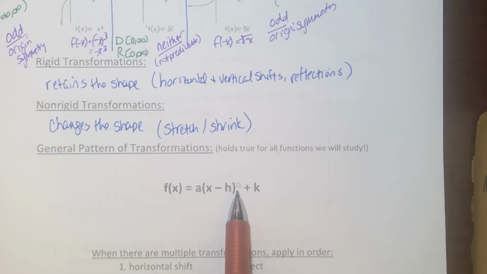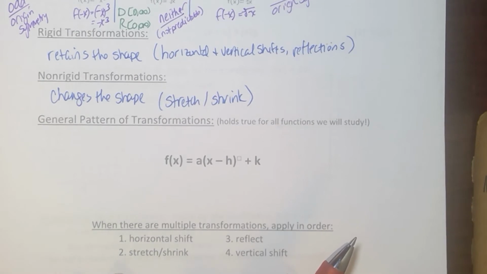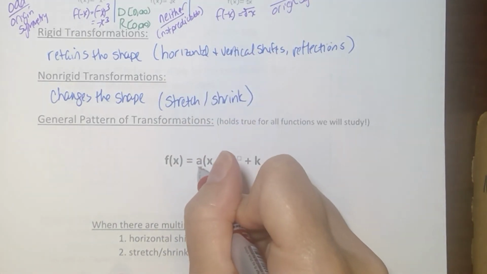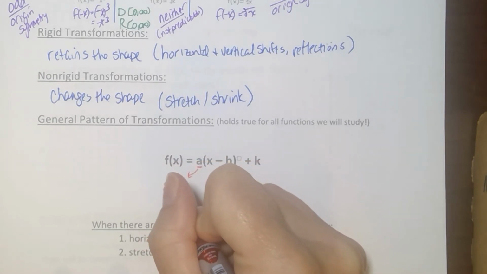This could be a squared function, it could be cubed, it could be cube root or absolute value. Whatever the function is that I'm doing, the h is attached to the x, x minus h, and then I've got this plus k tacked on, usually at the end, although it could be at the beginning in front of this expression. This is going to be my pattern of transformations that tells me how to move, how to change my function. This value a, this coefficient out front, gives me my vertical stretch or shrink.